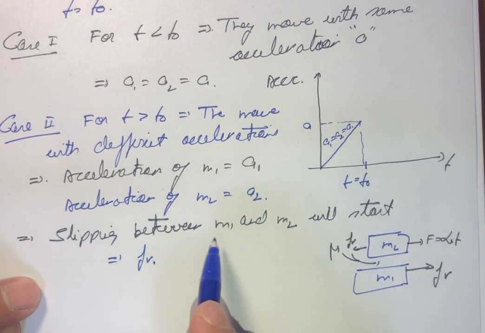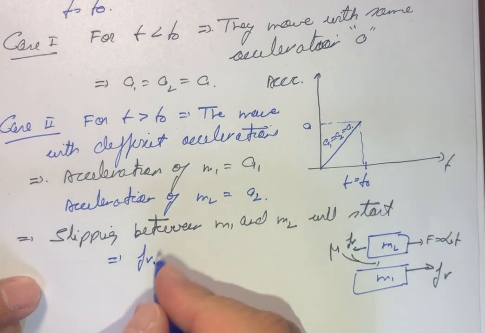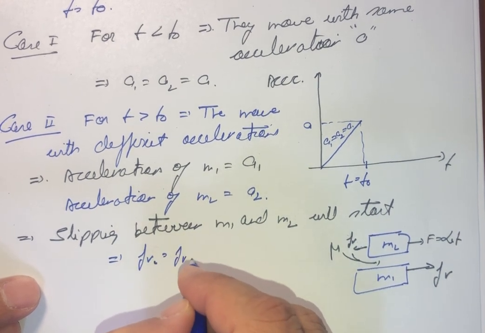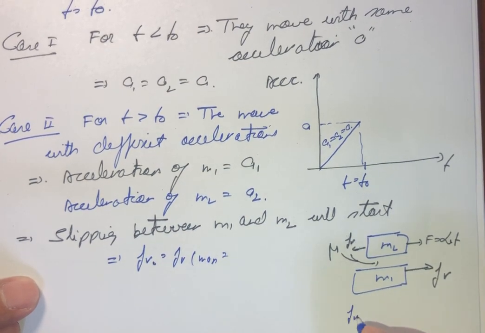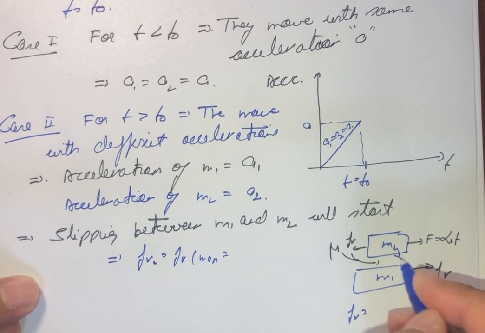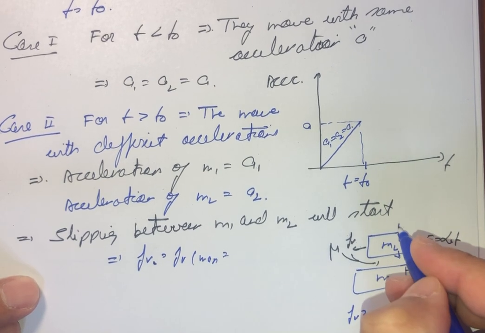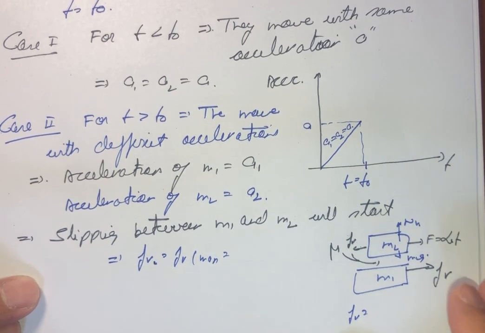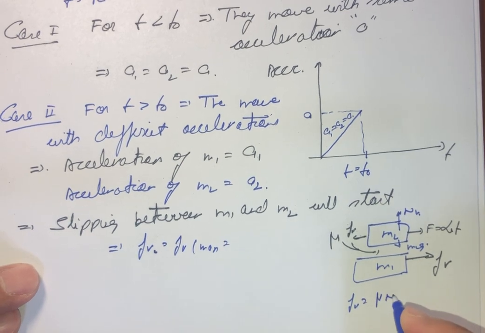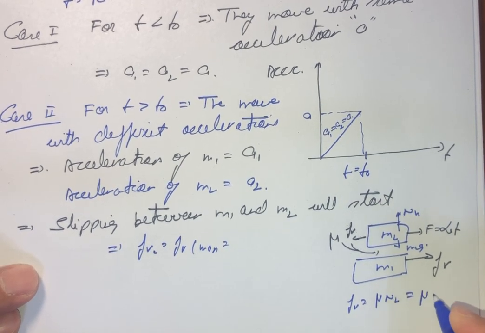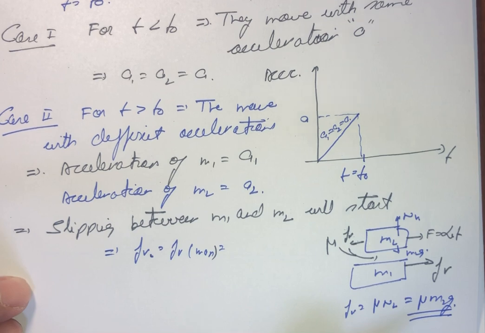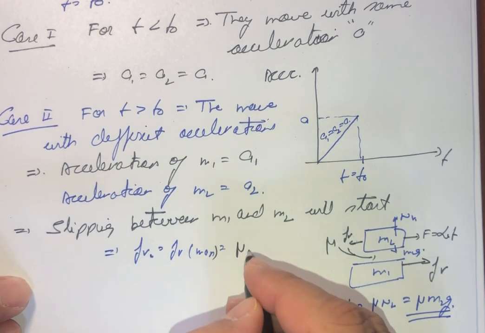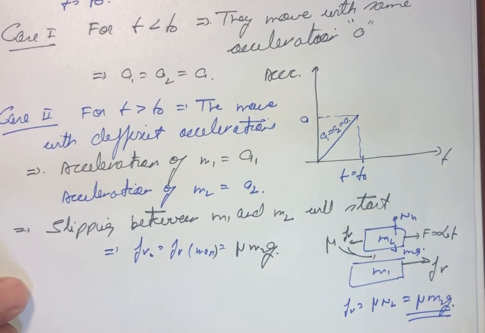So if slipping starts between m1 and m2, Fr will be equal to Fr max. We have m2 g and there will be normal n2. So Fr will be equal to mu into n2, which is equal to mu m2 g. So Fr equals Fr max, and that can be written as mu m2 g.